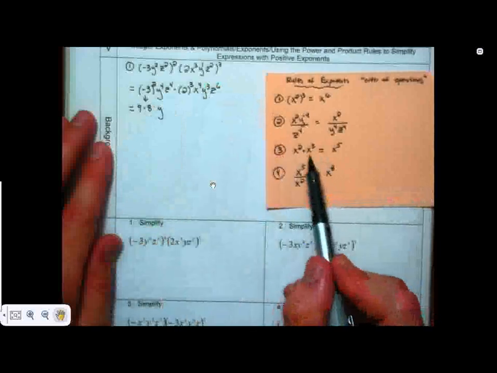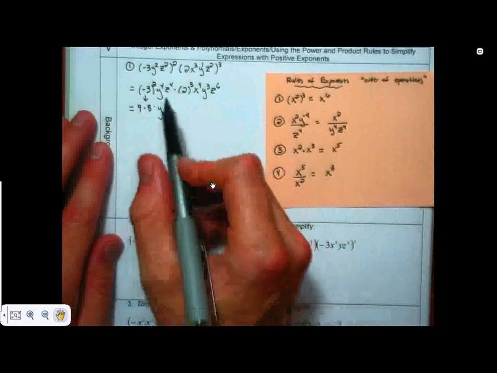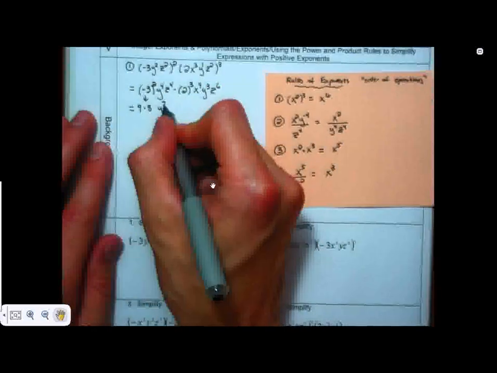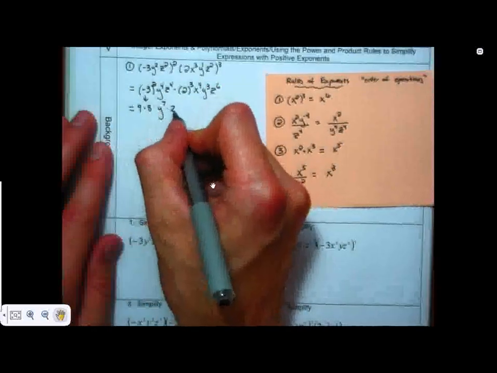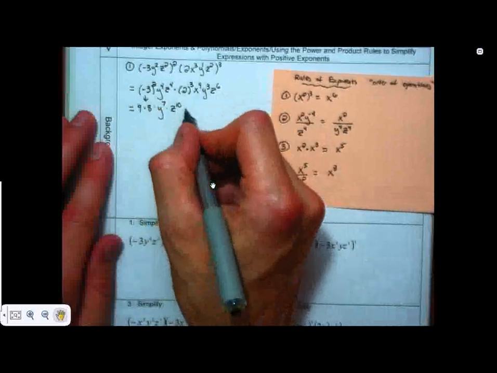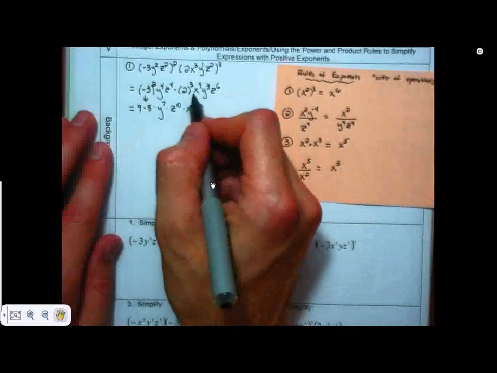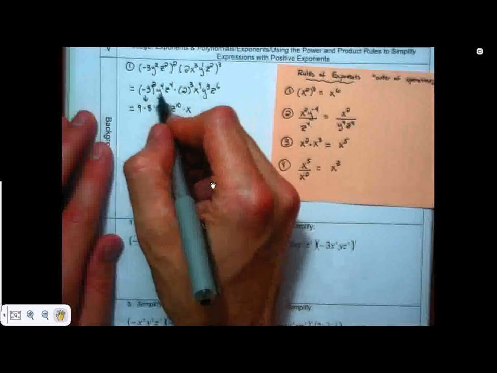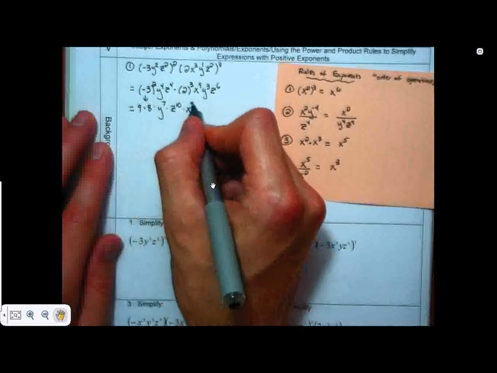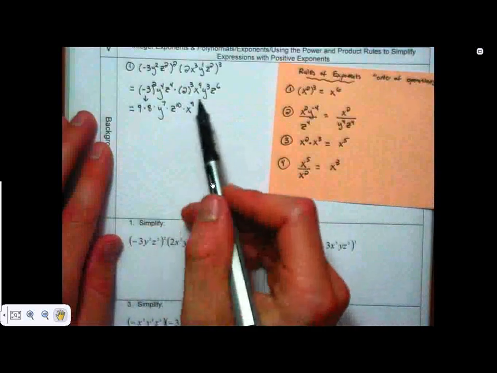If I use my rule number 3, I add the exponents, so that's going to be y to the 7th. And then I've got z to the 10th, it looks like. 4 plus 6 is 10. And then x doesn't have any partners over here, so I'm just going to be left with x to the 9th. So those are the only factor of x's right here.